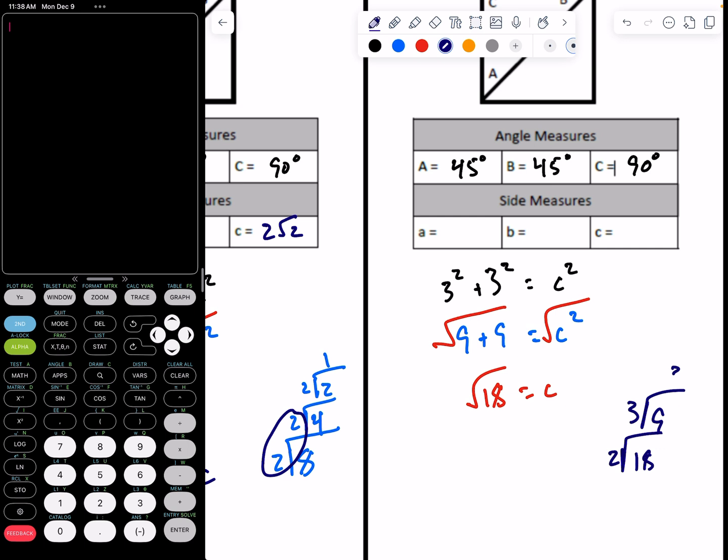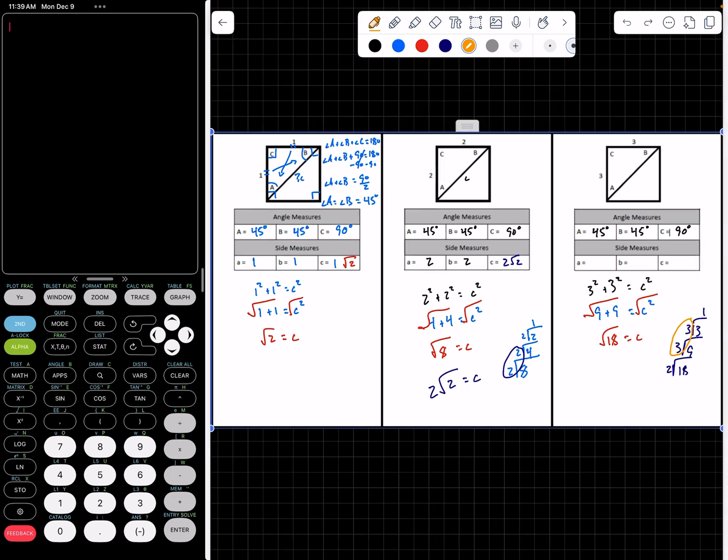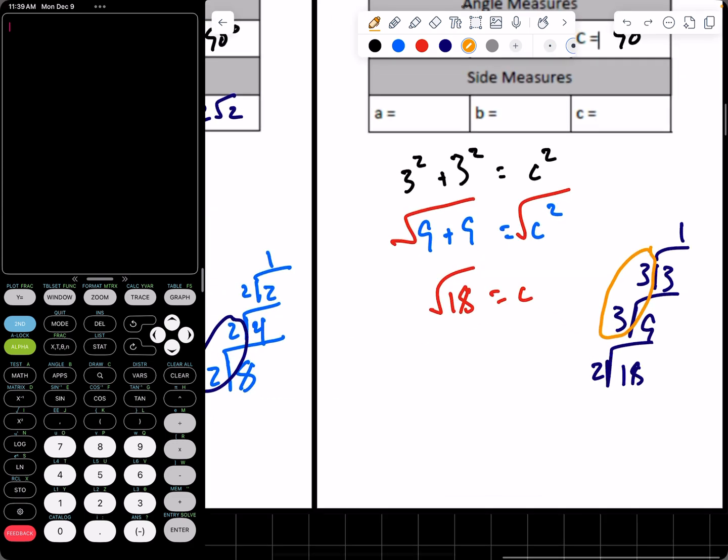Divided by 3 equals 3. Divided by 3 equals 1. And I have a pair of 3's. I'm left with a 2 inside, but I can pull that 3 outside, and that's what C is going to equal. So if I'm paying attention, 3 root 2, I had 3 and 3.